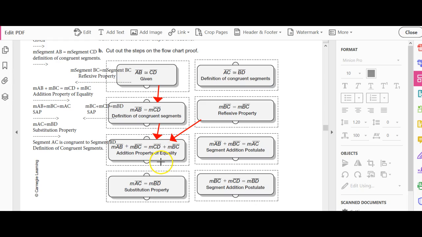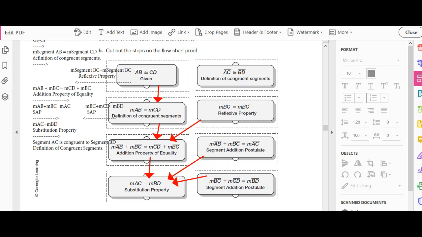And now we have a couple of others that actually can be done on their own. The segment addition postulate doesn't need to be justified, okay? Just given the image that we have, we know that point B is between A and C, so this is the segment addition postulate, and that's the same down here. So these guys don't need any arrows leading to them, but because these two statements are true and because this statement is true, we're substituting.